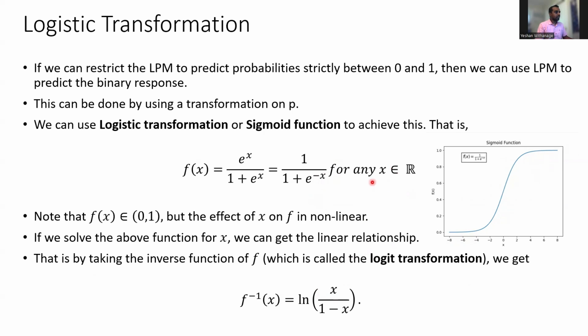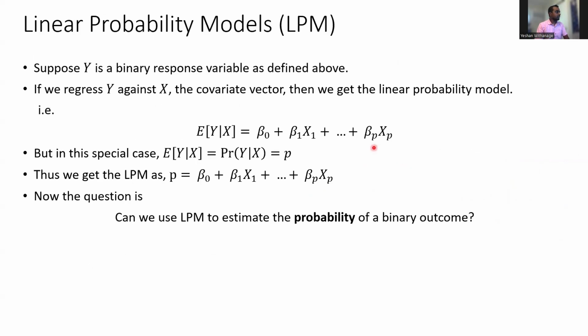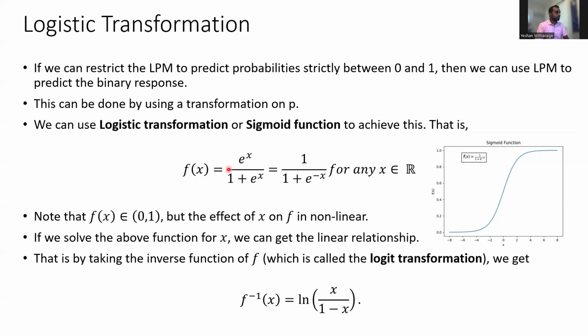So if you just think about this linear probability model, the probability is explained by the linear transformation, but this can take any value. So we use the logistic transformation on this side, then it will be restricted in between 0 and 1.